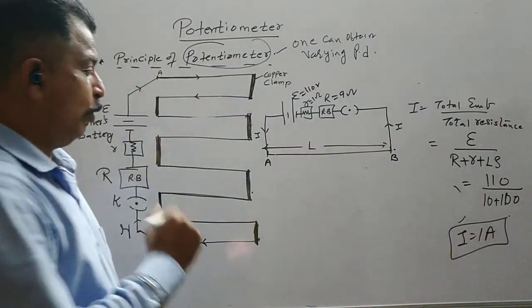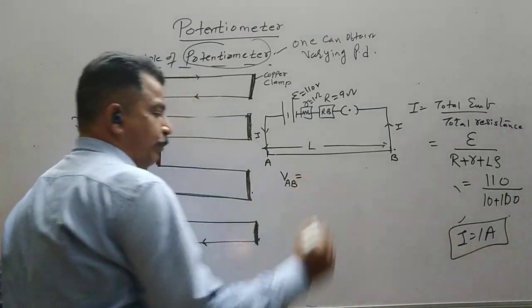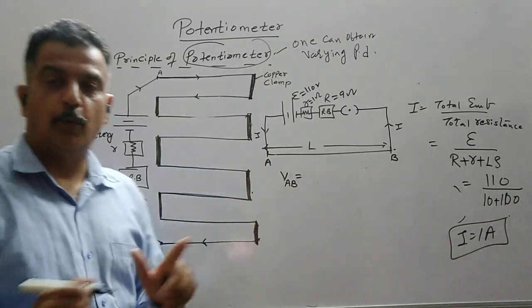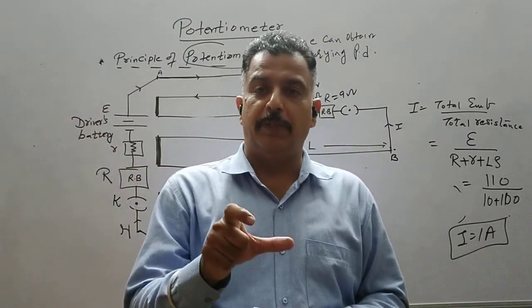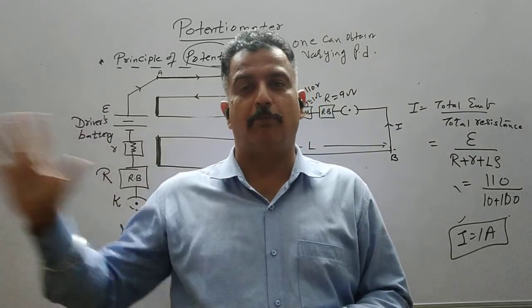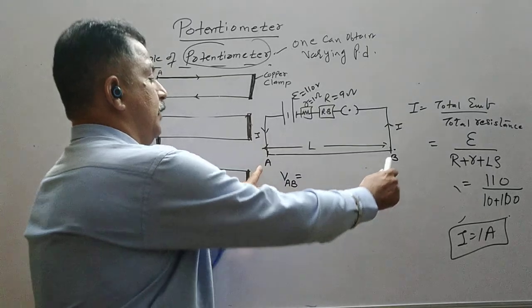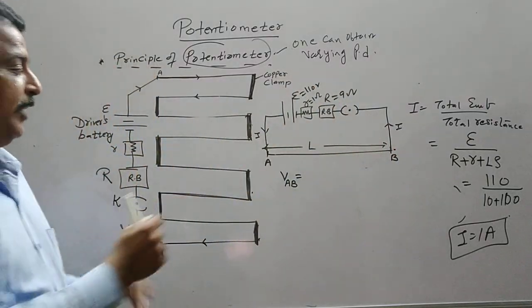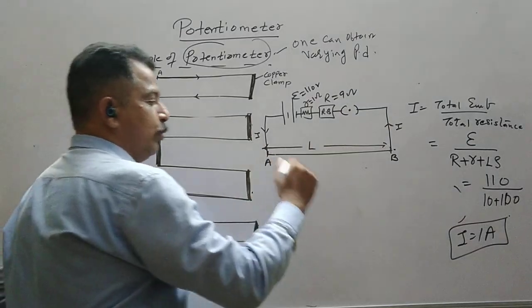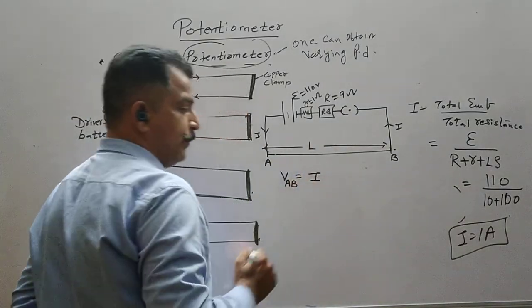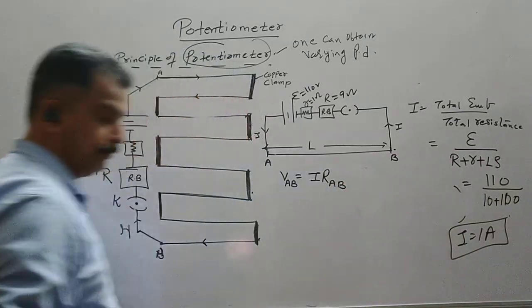Suppose I want to find out the potential difference between points A and B. Potential difference means when I connect a voltmeter, the reading shown by the voltmeter will be the potential difference across these two ends. So if I connect a voltmeter here, the reading shown will be equal to I into the resistance of this wire.